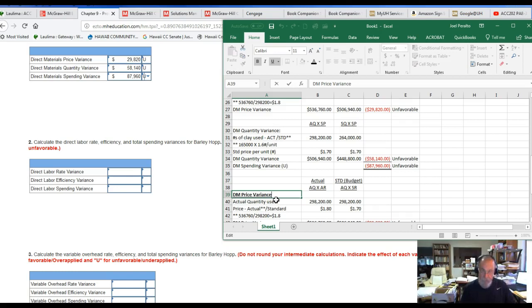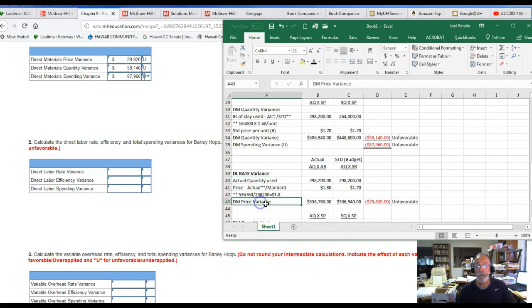So this will be our direct labor rate variance.